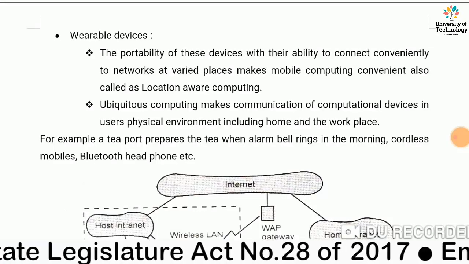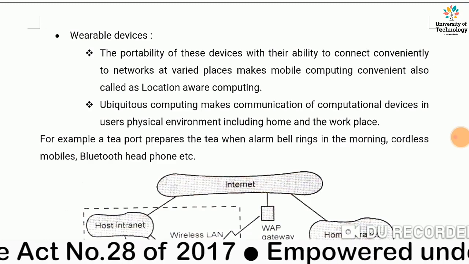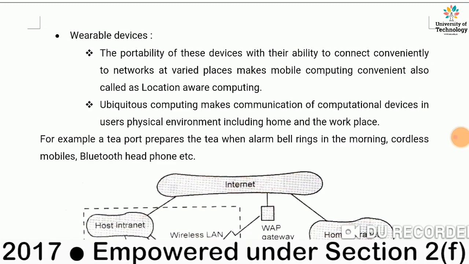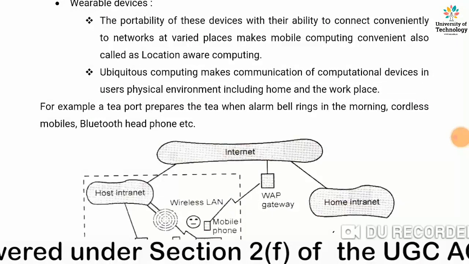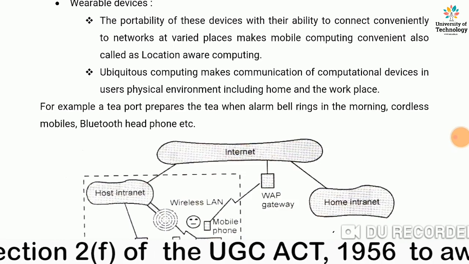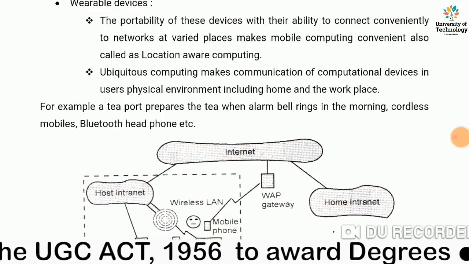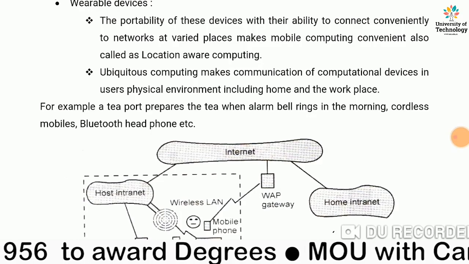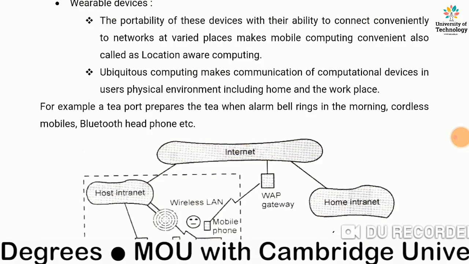The portability of these devices with their ability to connect conveniently to networks at varied places makes mobile computing convenient, also called location aware computing. Ubiquitous computing makes communication of computational devices in the user's physical environment, including home and the workplace. For example, a teapot prepares the tea when the alarm bell rings in the morning. Cordless mobiles, Bluetooth headphones, etc.